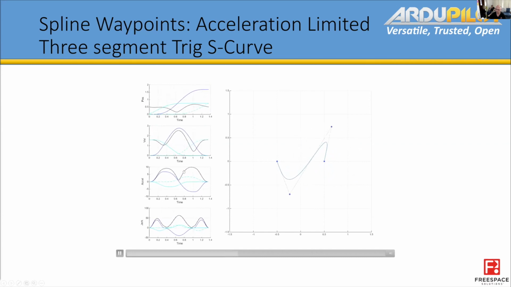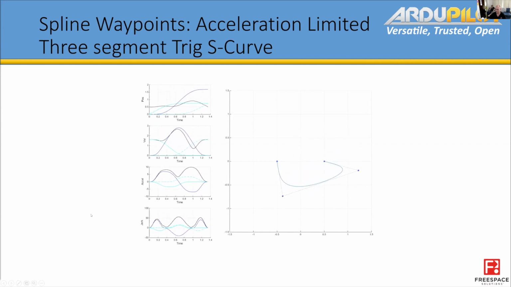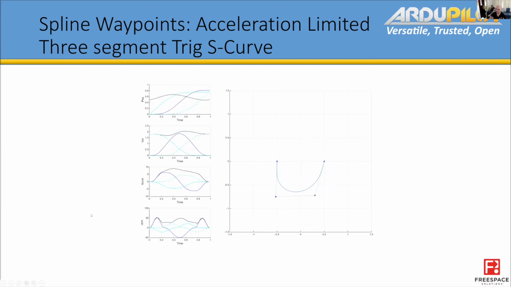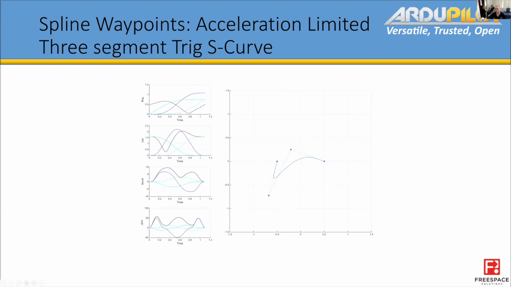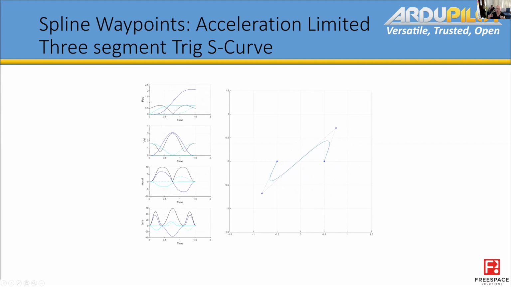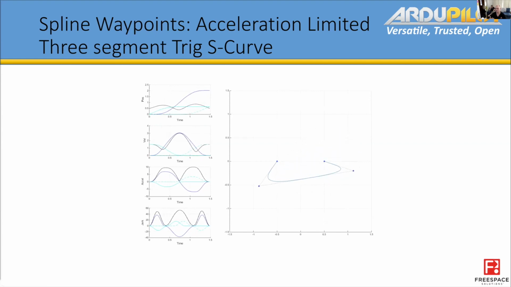Now, the way we do this is, based on the geometry of these 3 vectors, we define the S-curves with intelligently chosen limits to begin with.